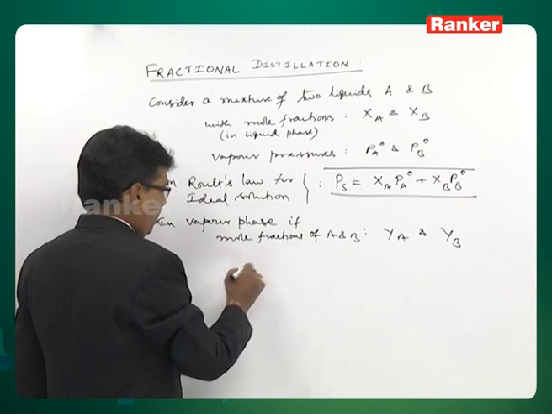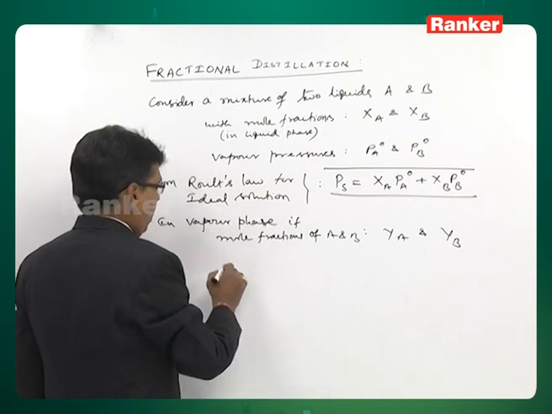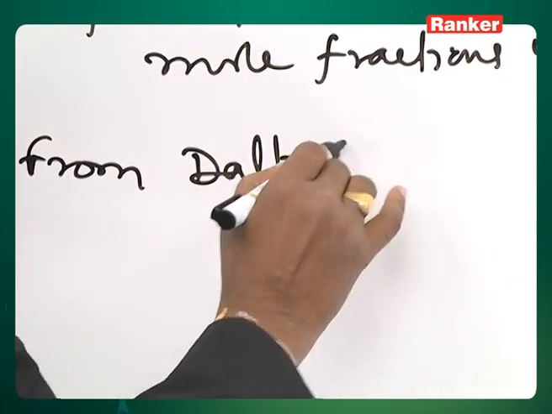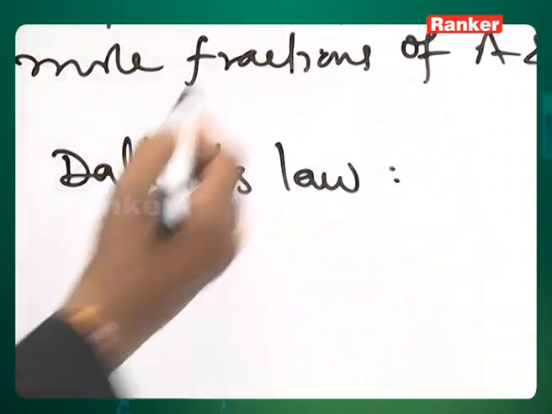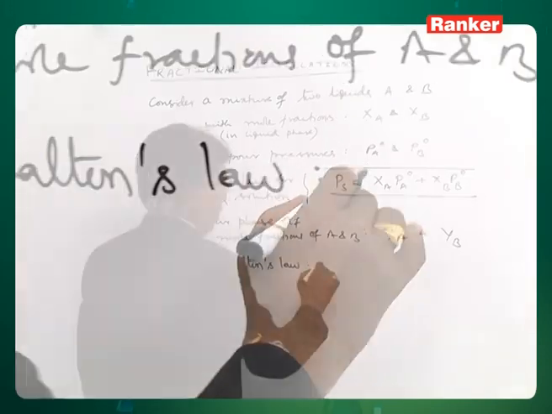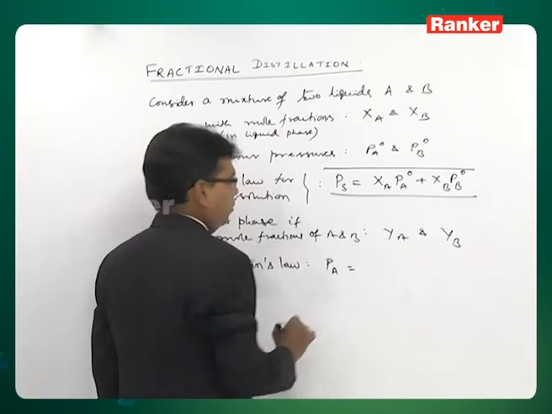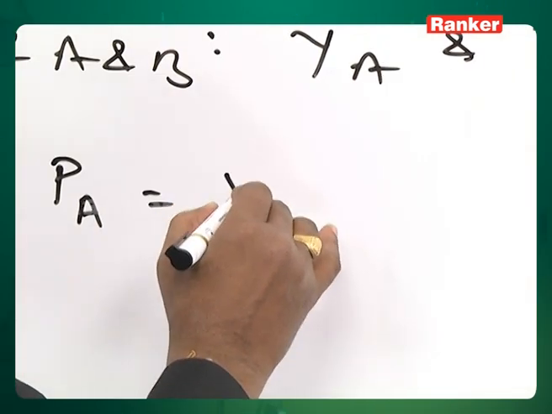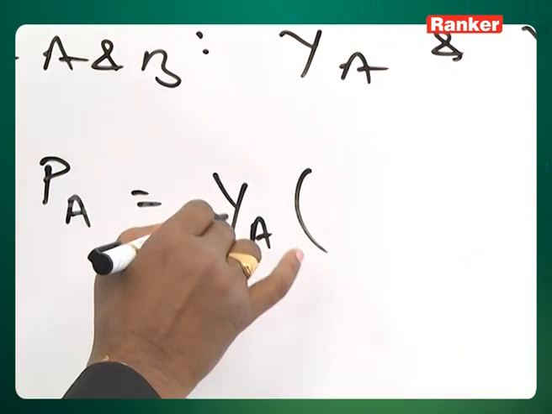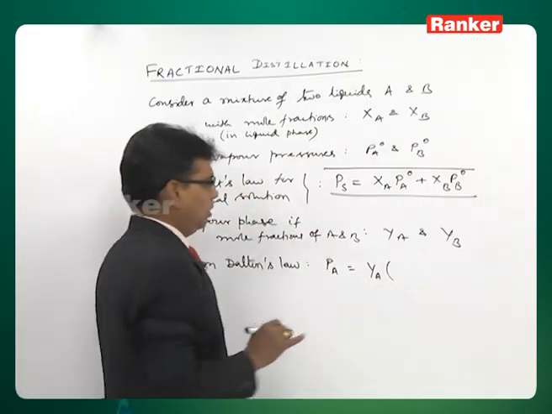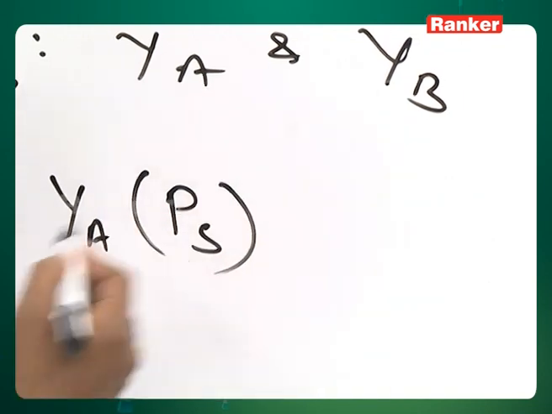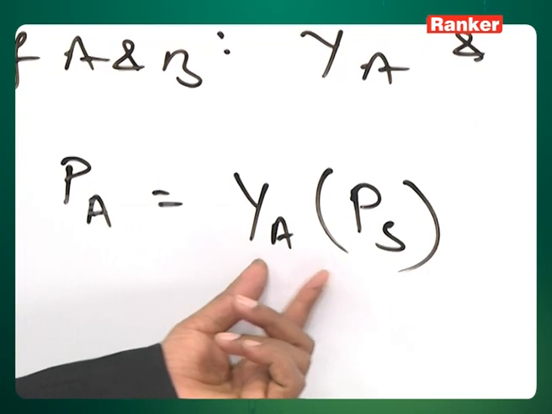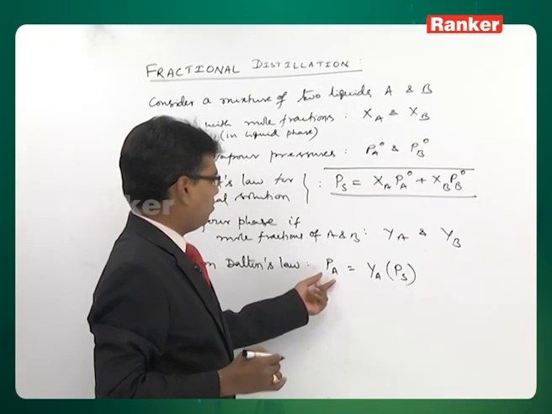For this, from Dalton's law, partial pressure of a gas, in this case for vapor A, P A is equal to mole fraction of that gas in the mixture, that is Y A, into total pressure of the mixture, that is P S. So, P A is equal to Y A into P S, right.